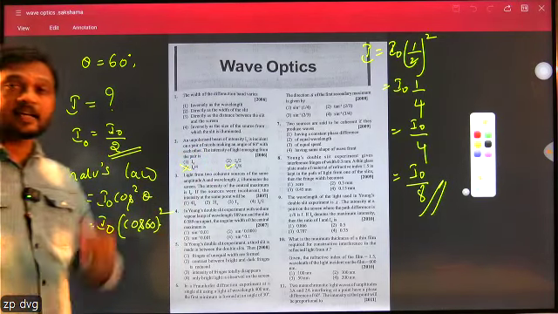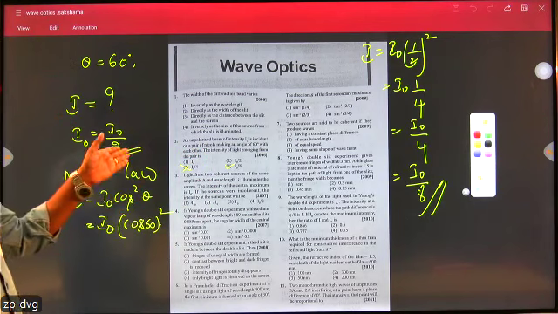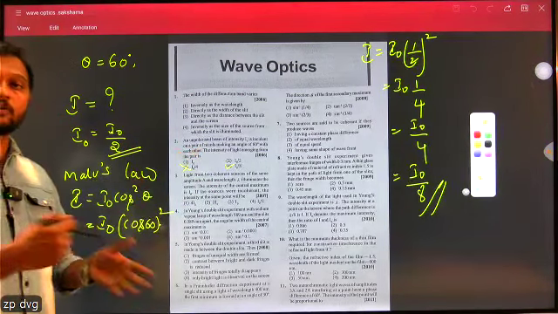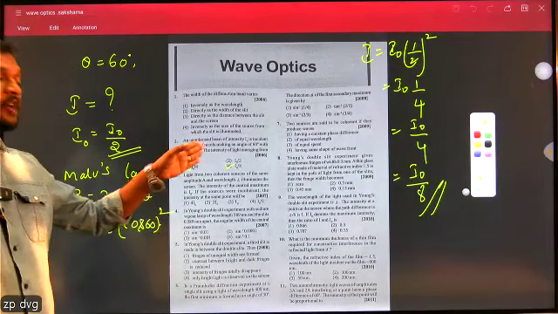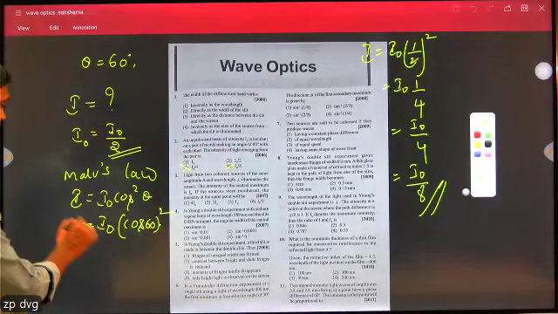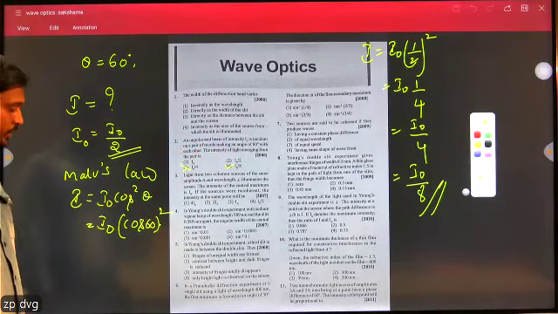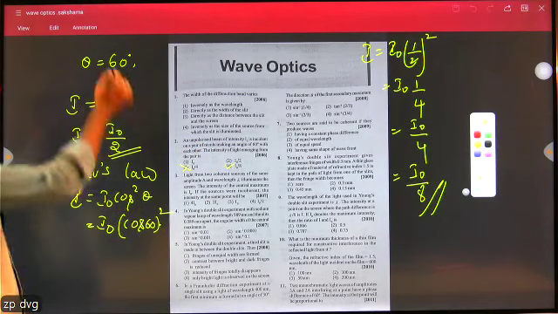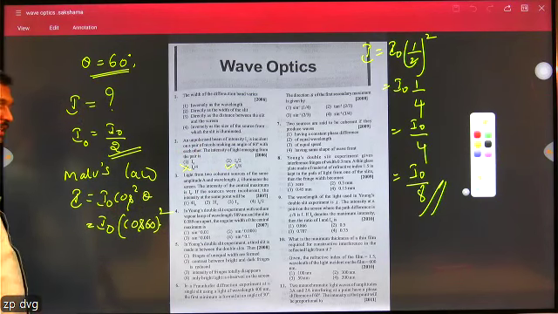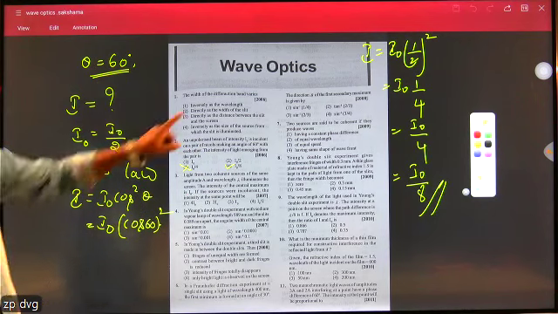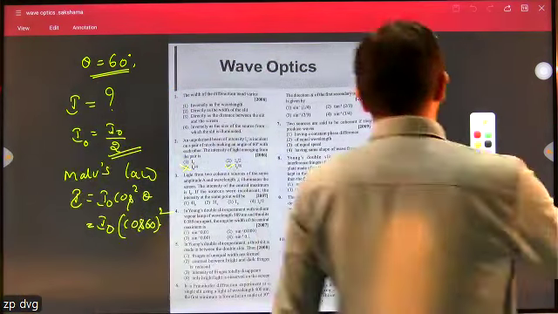Then this I naught by 2 comes out of the pair of Nicol prisms, and according to Malus law, I equals I naught cos square theta, with theta 60 degree, cos 60 whole square, so the answer is I naught by 8.